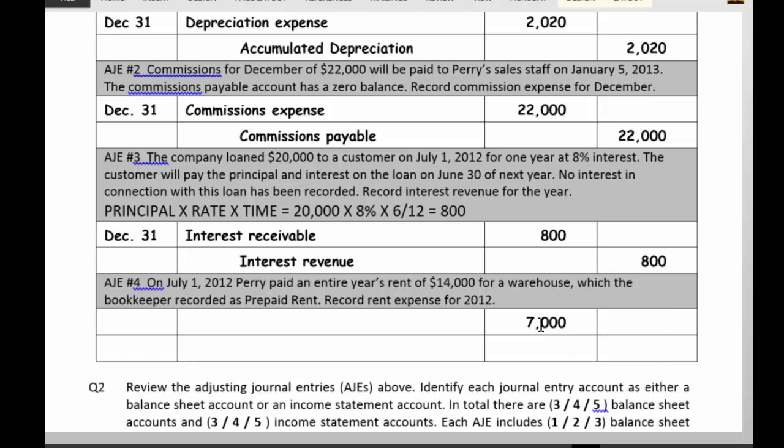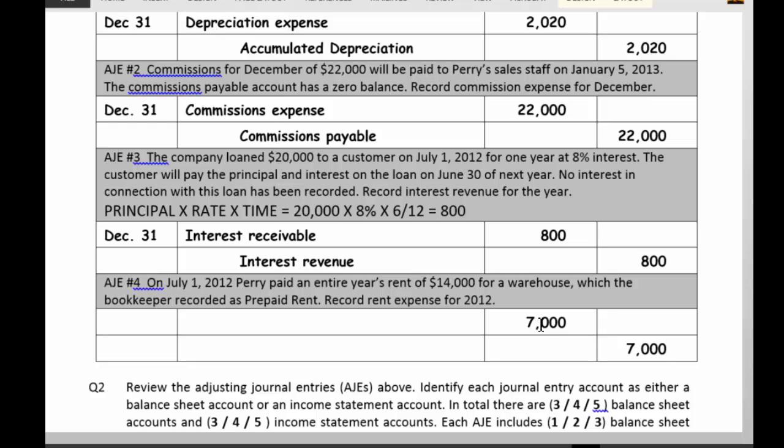This is very hard. Now, what's the accounts? So it says here the bookkeeper recorded as prepaid rent. If I did a T account, prepaid rent. This is what's in the T account right now.